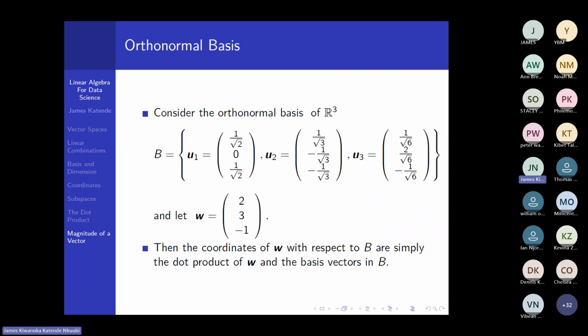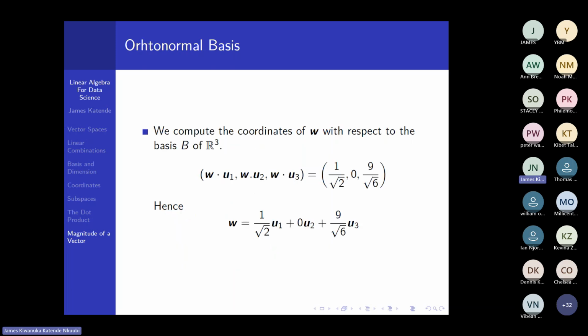The import of this is that computing the coordinates of W with respect to the orthonormal basis was just as simple as getting the dot product of W and U1. Now, I must emphasize that this can only work if the basis is an orthonormal basis. If it is not, you cannot use this technique to get the coordinates.